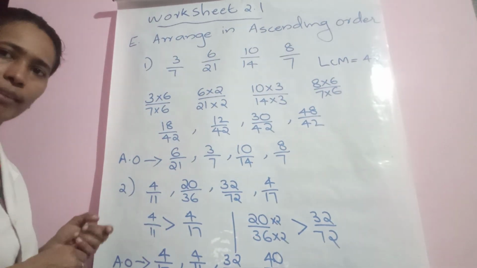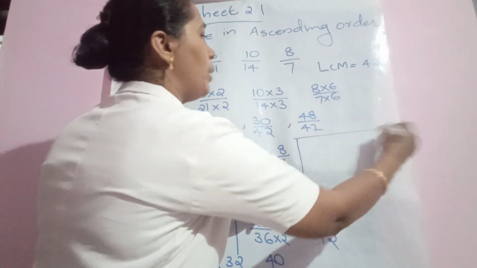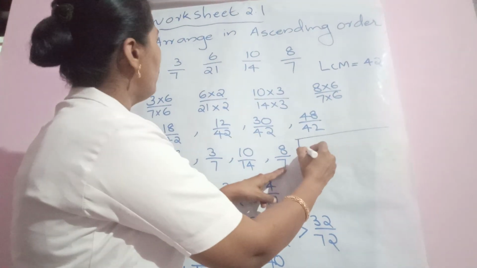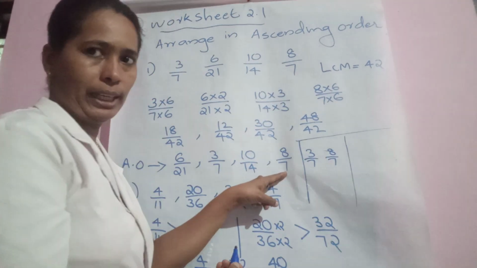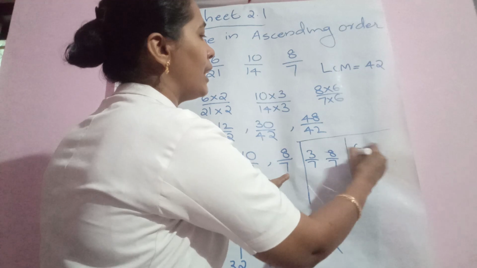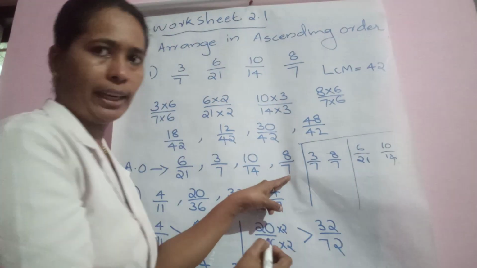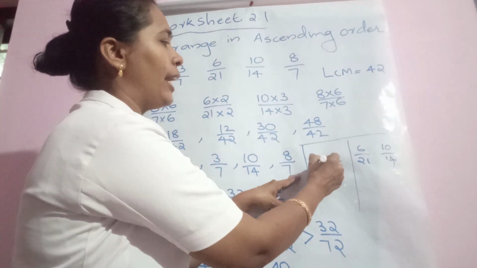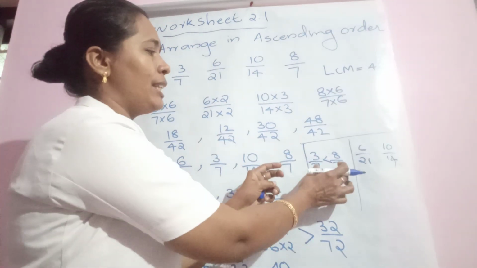Finished. Once again, the teacher will explain. In this case, let us consider them in groups. In the first group, 3 by 7 and 8 by 7, because they have the same denominator. On the right side we can write 6 by 21 and 10 by 14. Here it is very clear that 8 by 7 is greater than 3 by 7, because they have the same denominator.